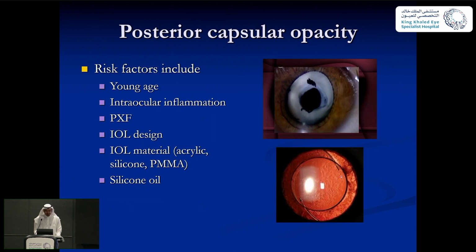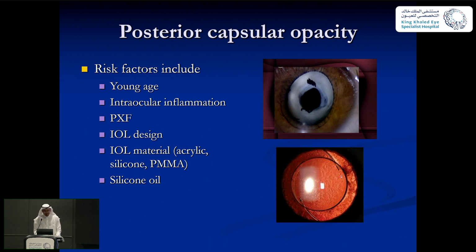Posterior capsule opacity risk factors are young age. They said that all patients young enough will eventually develop posterior capsule opacity. Others are intraocular inflammation, pseudoexfoliation, and intraocular lens design, especially if it doesn't have a square edge, which is more prone to have epithelial cells migrate behind the lens.